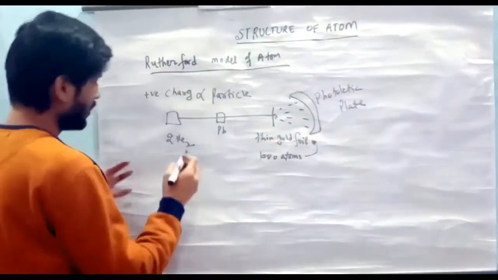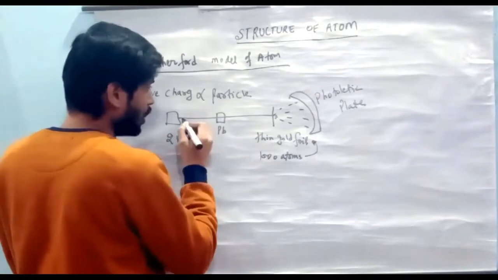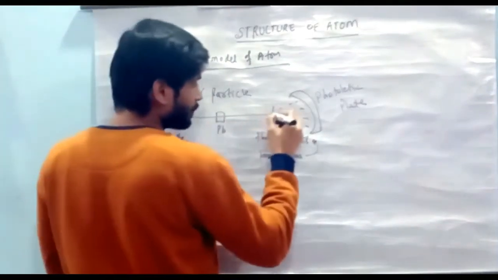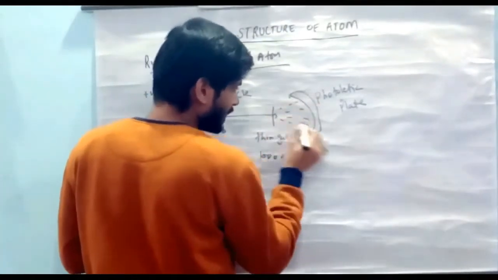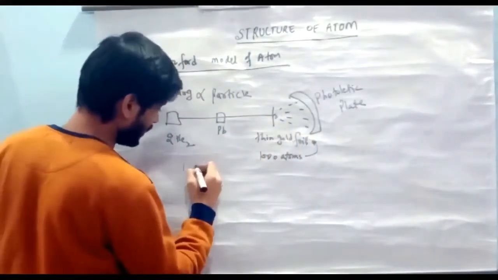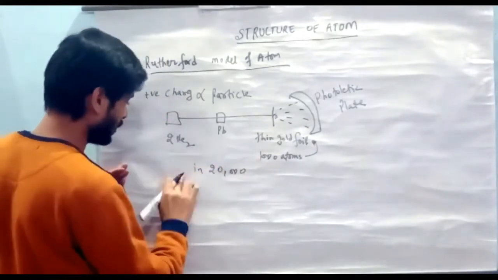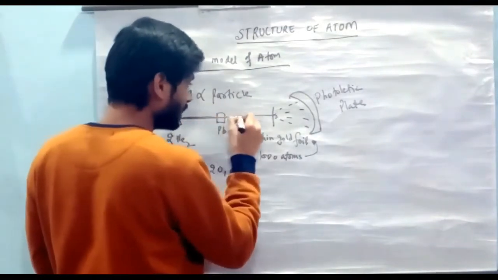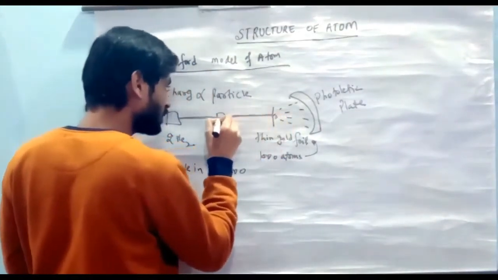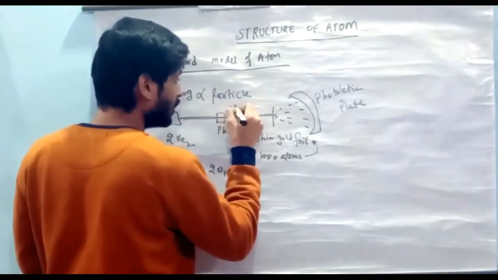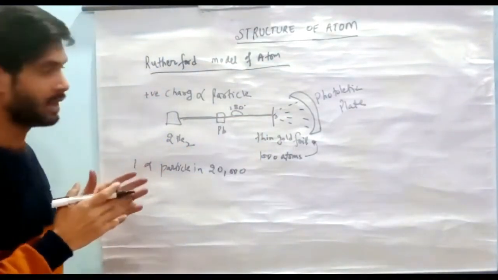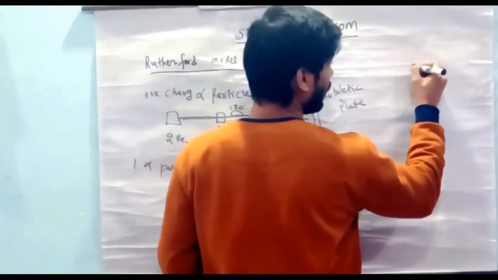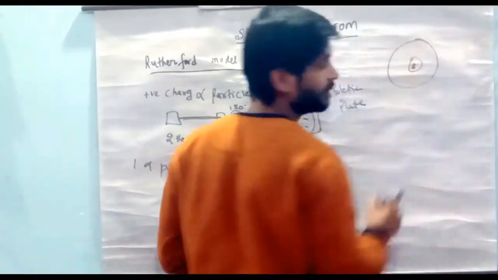He observed that when he bombarded the positively charged alpha particles on the thin gold foil, many of the particles rebounded in many directions, but only one in 20,000 alpha particles came back along its original path at a 180-degree angle. He thought, what was happening? He concluded that definitely something positively charged is present in the center of the atom.